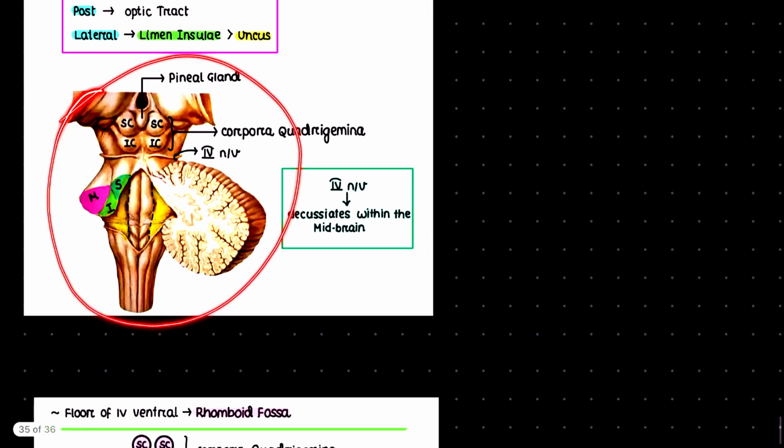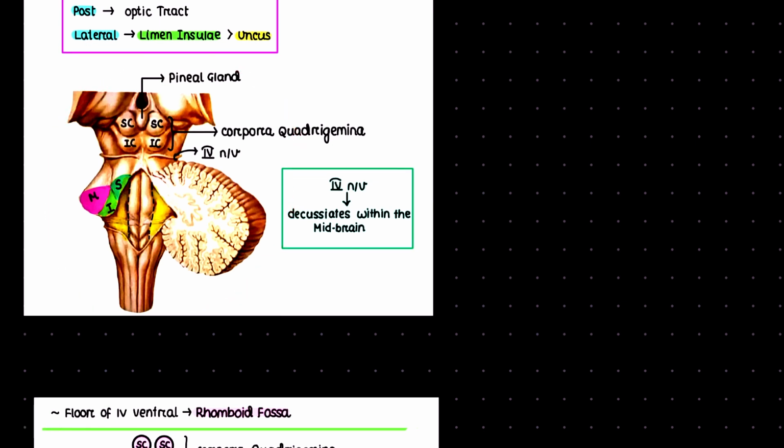In this diagram we are watching our brainstem from the posterior, dorsal side. To have a better view, we are cutting a portion of the cerebellum, and after cutting we are able to view every detail of our brainstem.